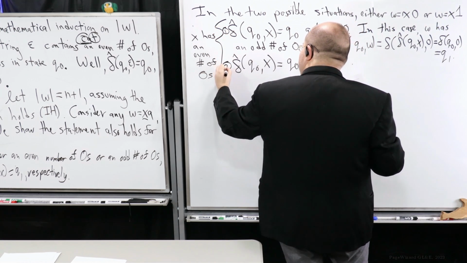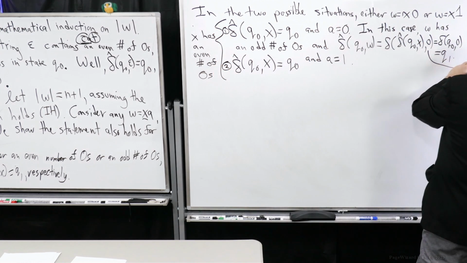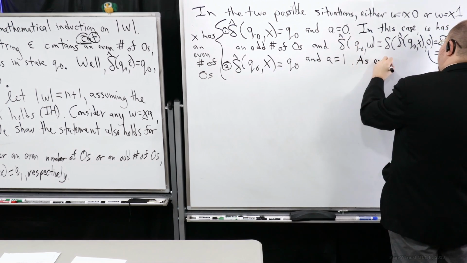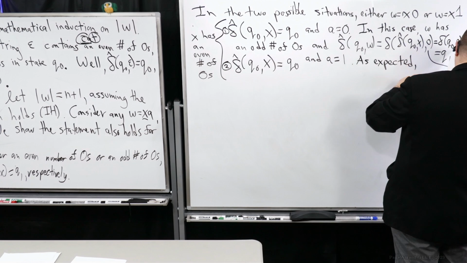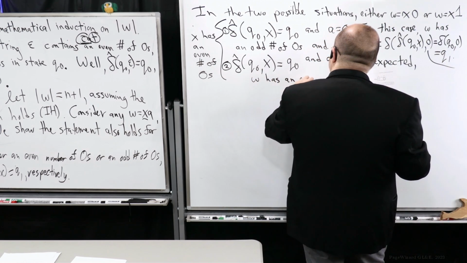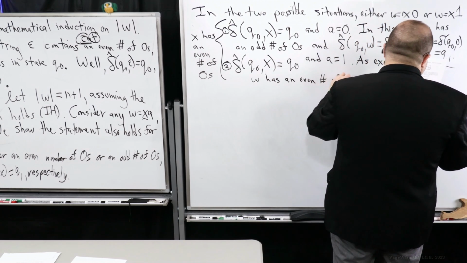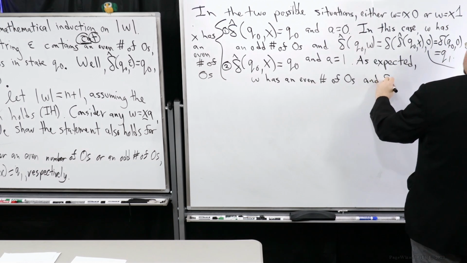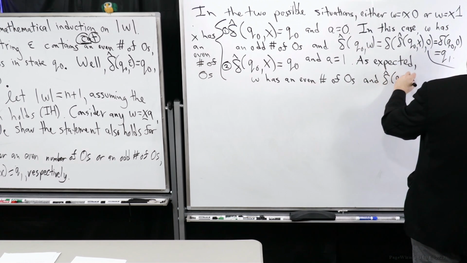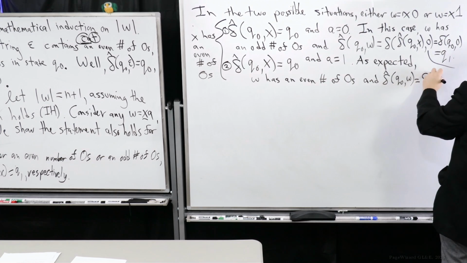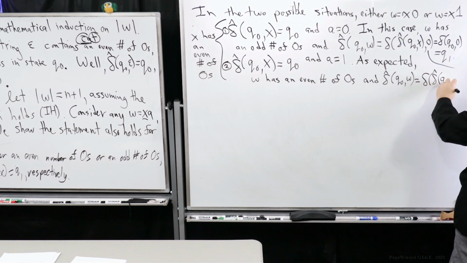Next, so let me just number these: 1, 2. So in the second case, as expected, W has an even number of zeros. And now let's just apply the extended transition function. Delta hat of Q0W is equal to delta of delta hat of Q0X upon reading a 1, right?